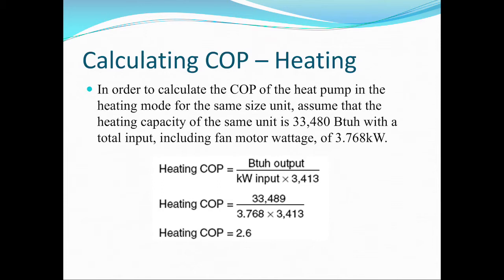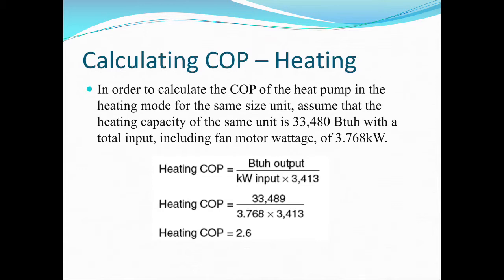So in an example, in a similar type of system, I might have a heat pump that's giving me a capacity of 33,480 BTUs, and the wattage going into it is 3.768 kilowatts of energy, and that includes the fan motor.